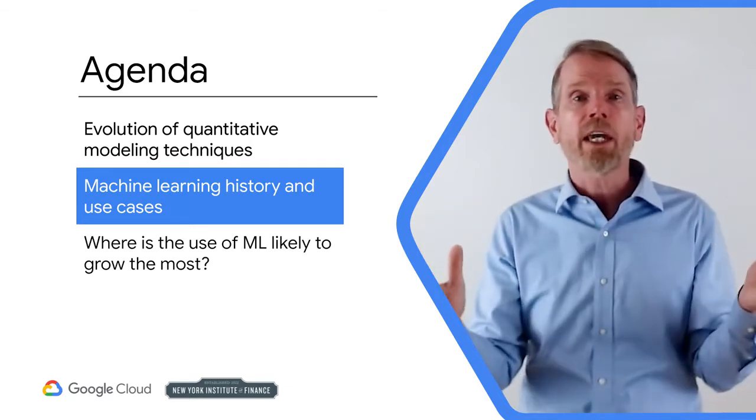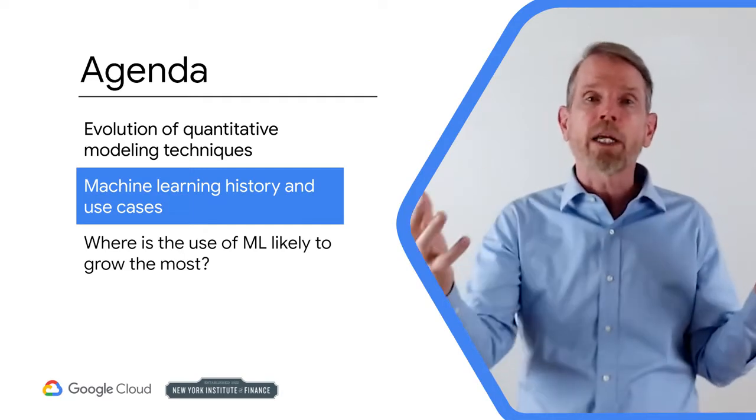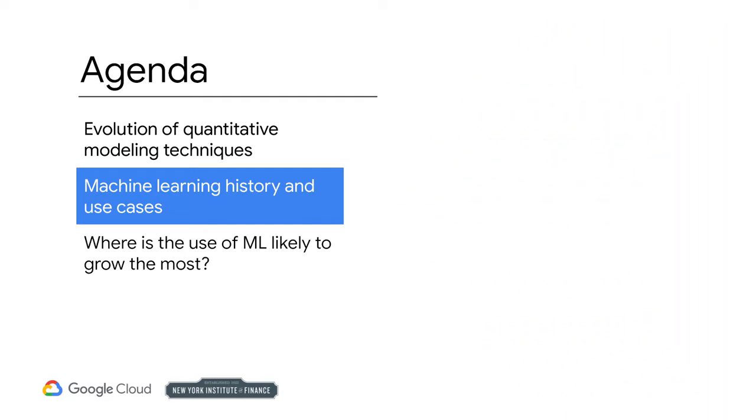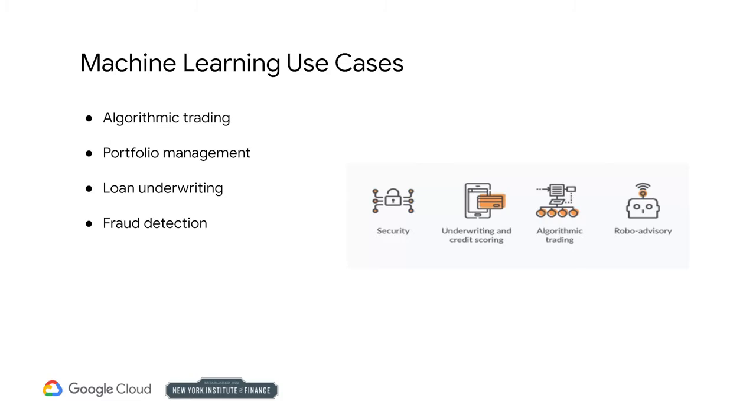There are more use cases of machine learning in finance than ever before, a trend driven by more accessible computing power and more accessible machine learning tools such as Google's TensorFlow and BigQuery ML. We'll explore the use of machine learning techniques in algorithmic trading, portfolio management, credit decisions, and fraud detection.